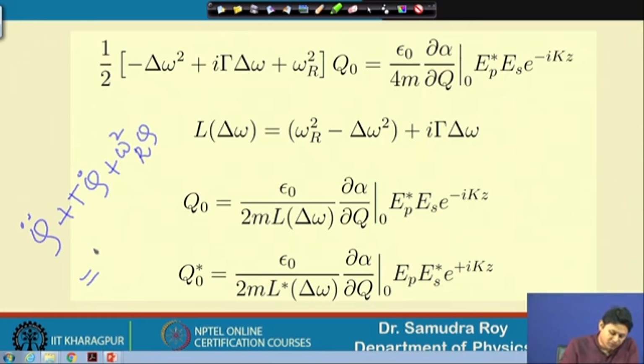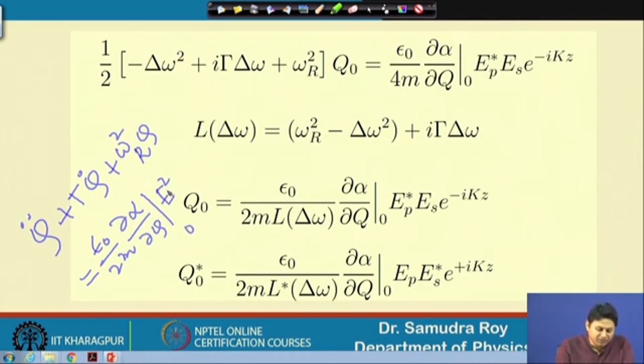This total force term was epsilon 0 divided by 2m, so far I remember, del alpha del q at 0 and E square. So, E square we know it should be the component of delta omega, and here E also the component of delta omega. So, when I put the value of q and E having the component delta omega and put it here in this differential equation, I will readily have this expression in our hand.